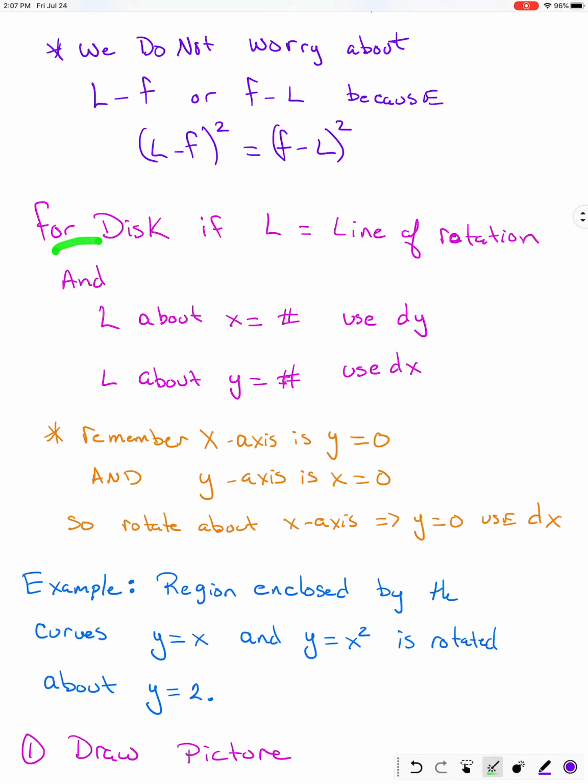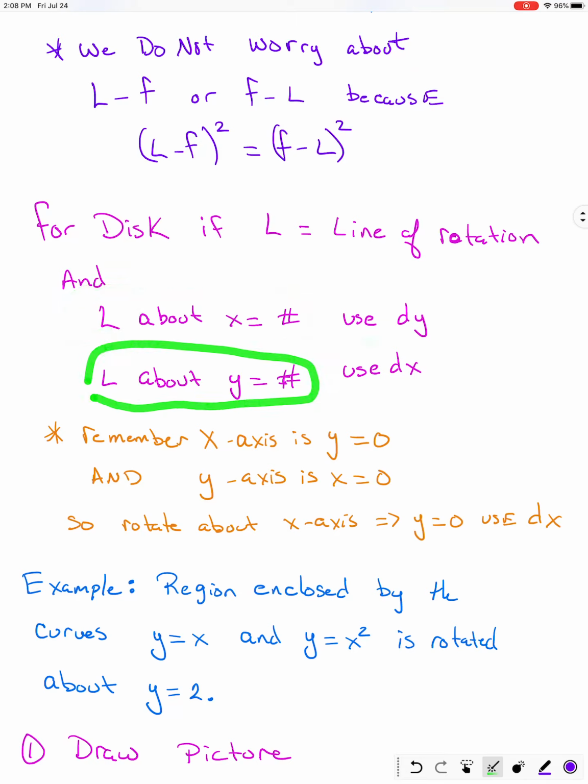If we're going to use the disk method, if L equals the line of rotation and L is about x equals a number, then we use dy. If L is about y equals a number, then we use dx.